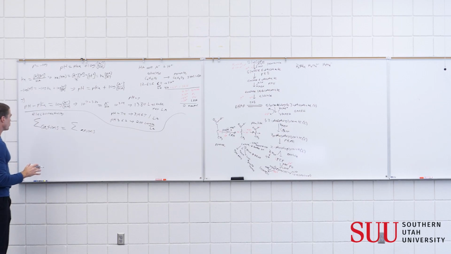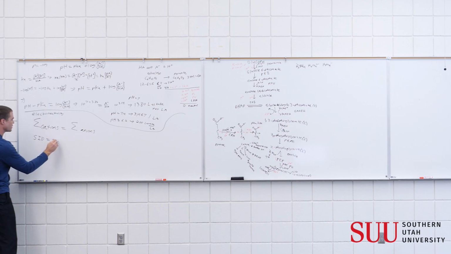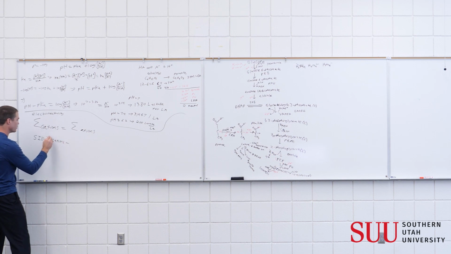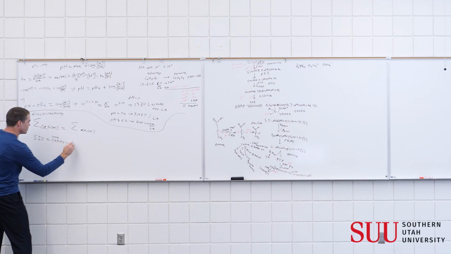And what we can do, with all the cations and anions, is there's a thing called the strong ion difference. And this is equal to your strong cations minus your strong anions.